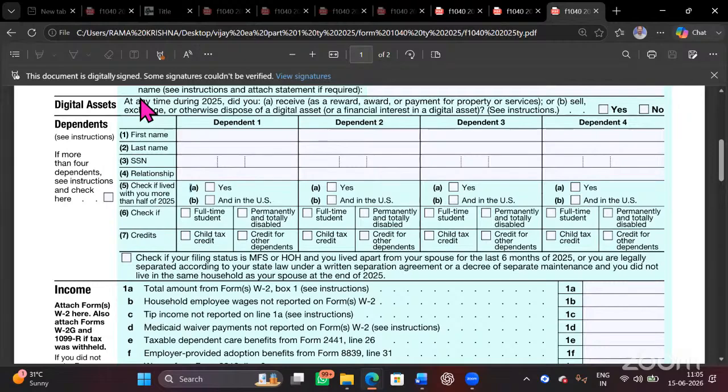This is very complicated data; the dependents concept and the criteria to be satisfied are complicated. It will be covered as a separate chapter. Dependent types vary: full-time student or part-time student, permanently disabled dependent, partially disabled dependent.